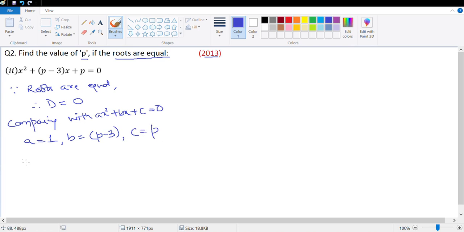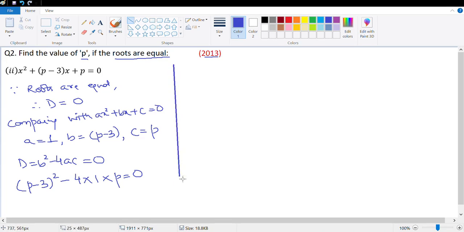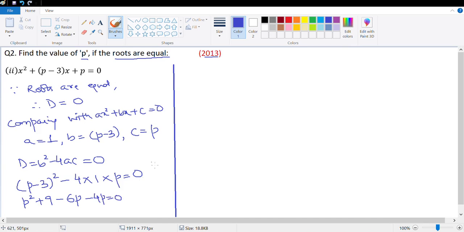Perfect. So d, which is equal to b square minus 4ac, is equal to 0. That's given. Let's substitute values. So it's p minus 3 whole square minus 4 times a, which is 1, multiplied with c, which is p, is equal to 0. Let's open the bracket, and I get p square plus 9 minus 6p minus 4p is equal to 0, which means p square minus 10p plus 9 is equal to 0.